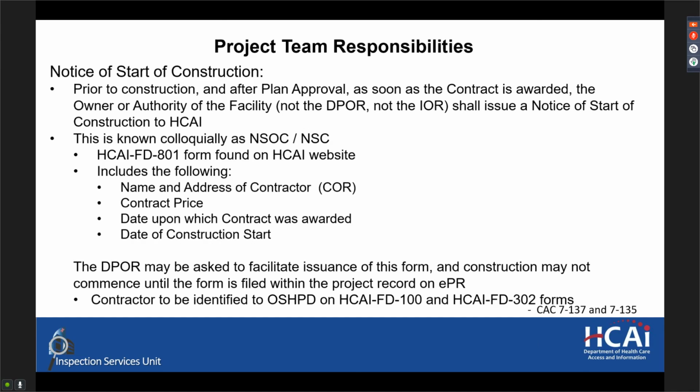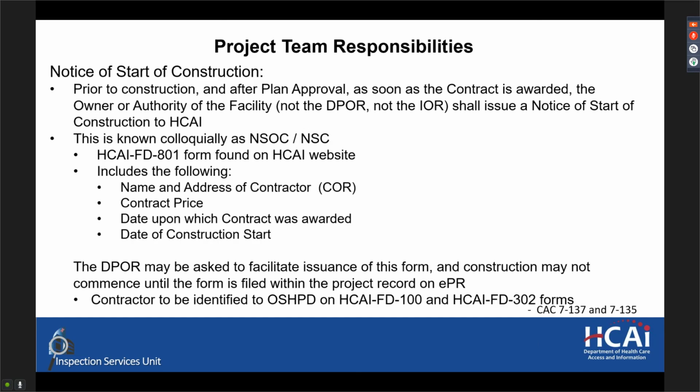This is known colloquially as the NSOC or the NSC, or some people call it the NOSOC, but it is the HCAI FD 801 form, which is found on our website, and it includes the name and address of the contractor, the contract price, the date upon which the contract was awarded, and the date of construction start. You should also definitely include the OSHPD project number, as that is our means of identifying the project. The DPOR could be asked to facilitate issuance of this form, and construction shall not start until the form is filed within the project record on EPR.